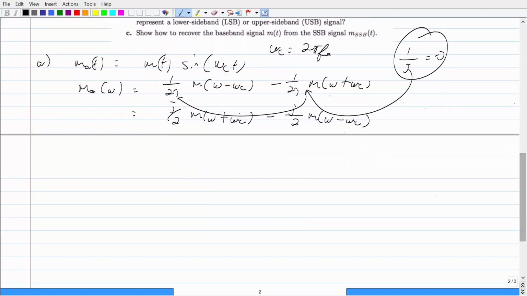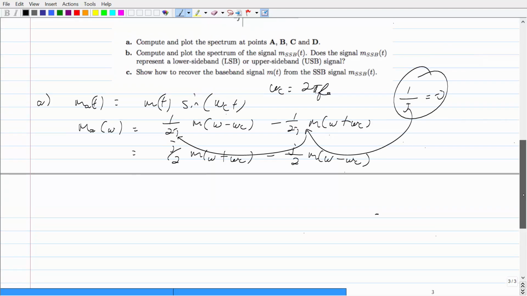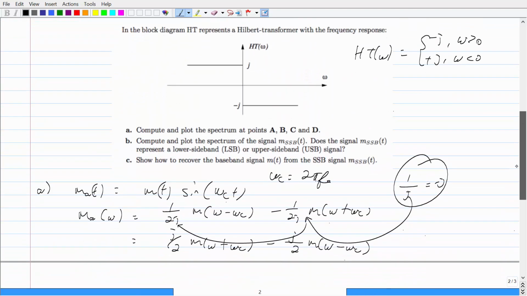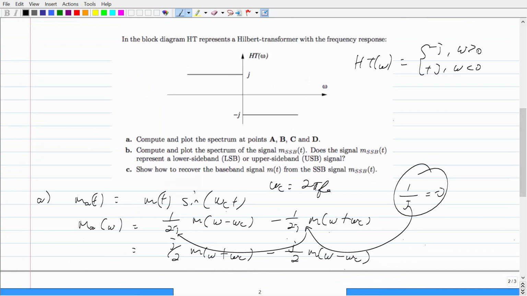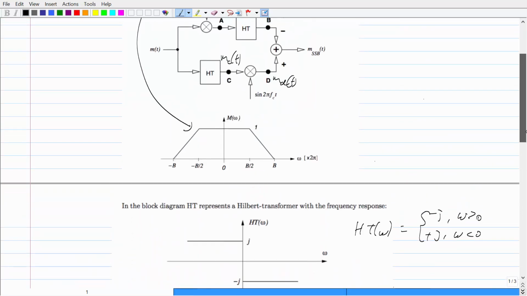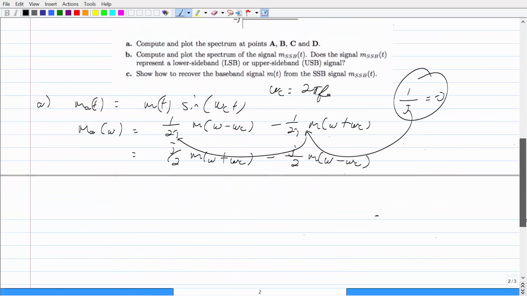For the Fourier transform of A, you're just going to take copies of the spectrum and multiply by j over 2. Then comes the frequency and the Hilbert transformer.